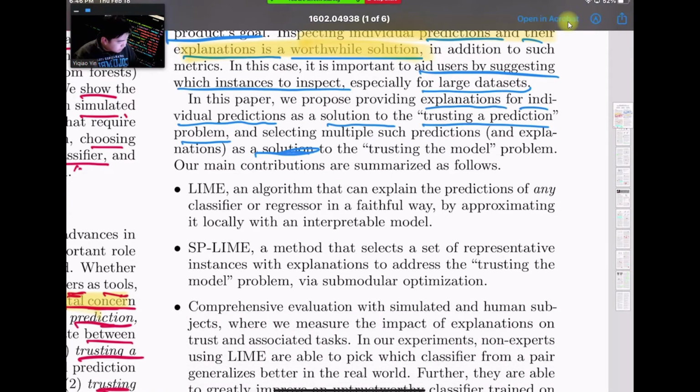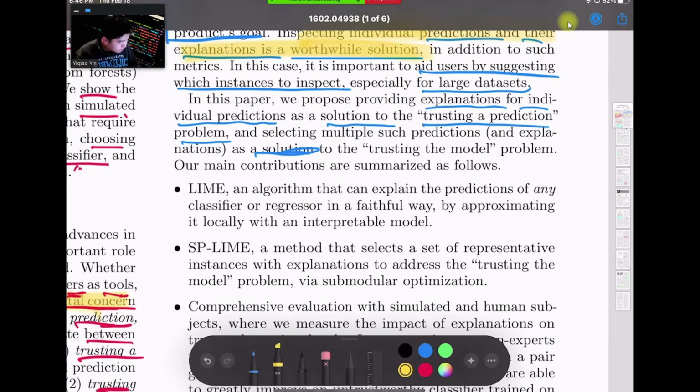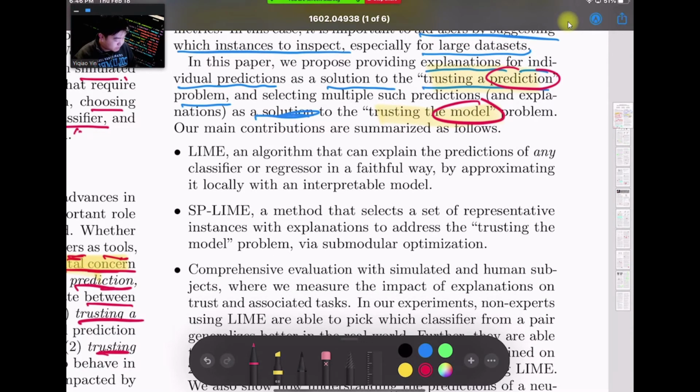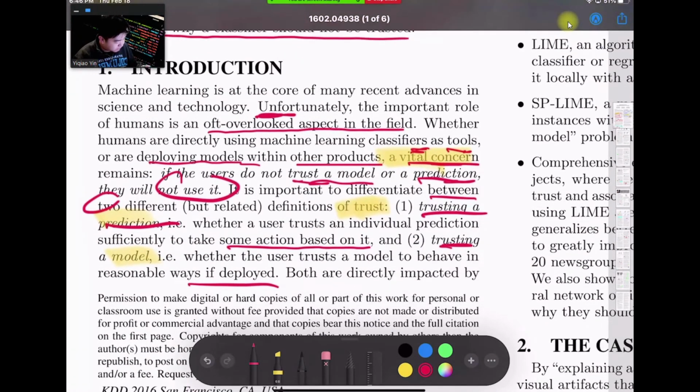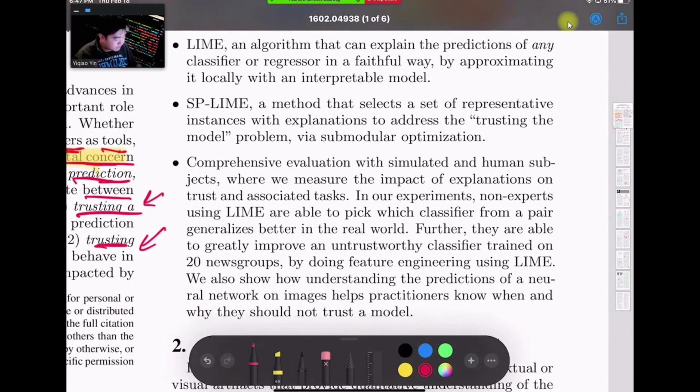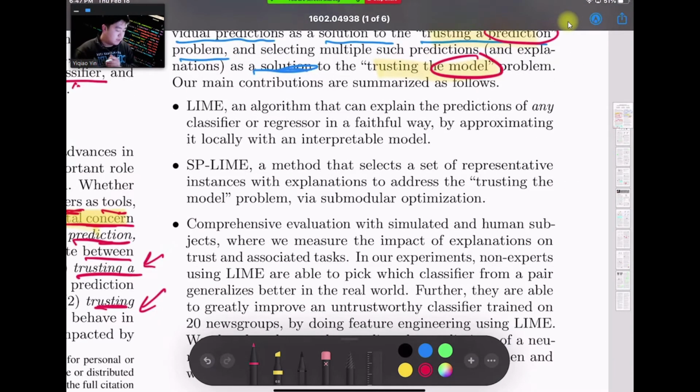It's kind of a mouthful to read trusting model twice in one sentence. But then if you look carefully, which I think I missed, it is prediction and model. So that's going to be the difference, which is tied up to what they're talking about here. That's the difference.